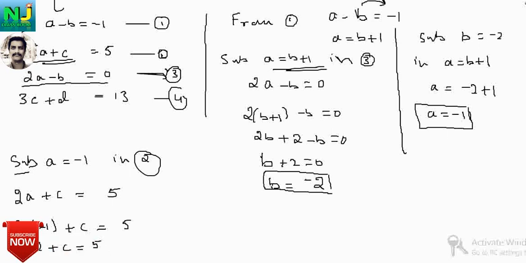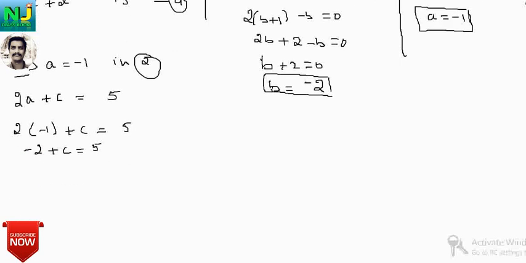So coming to the solution, what happened now? c is equal to 5 on the right hand side, minus 2 becomes plus 2. So c is equal to 7. So a is equal to minus 1, b is equal to minus 2 and c equal to 7.